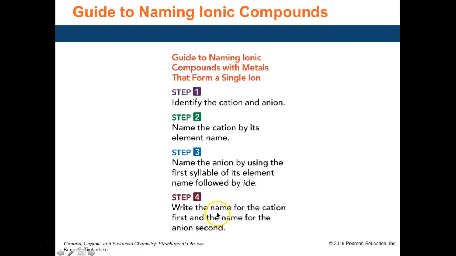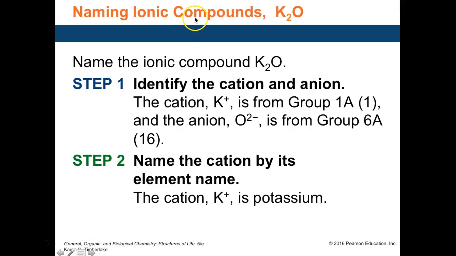And then you write out the whole name for the compound, starting with the cation and ending with the anion. Okay, so name K2O. K is potassium, O is oxide. This is a binary compound, so potassium oxide.